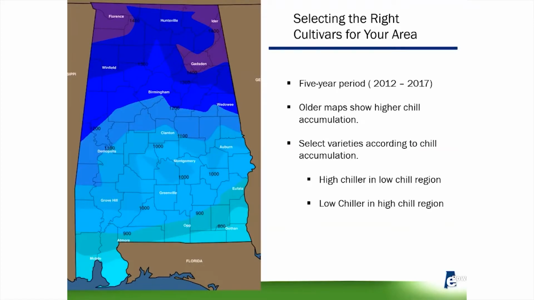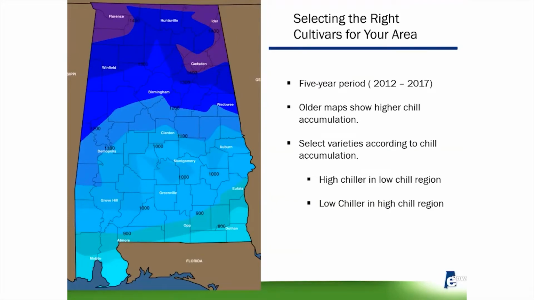The older map was a historical map from the 80s up until 93. And this one is within the last 5 years, from 2012 up to and including 2017.